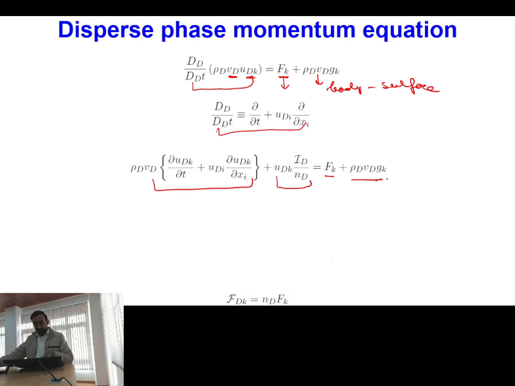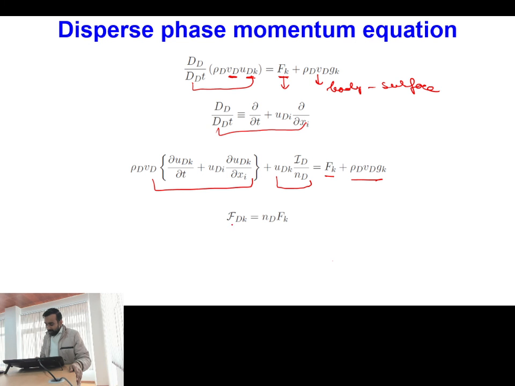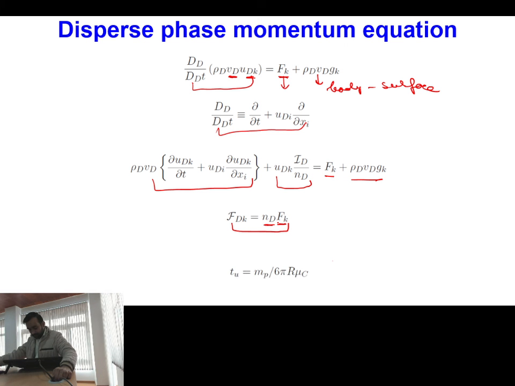Now from here I can also write this Fdk, the force acting on the dispersed phase. If I know the number density of the dispersed phase particles, then I can write it as Fk, the force acting on one particle, times the number of particles present in the system. Okay? Is this point clear? How this has come? All are clear with this idea?